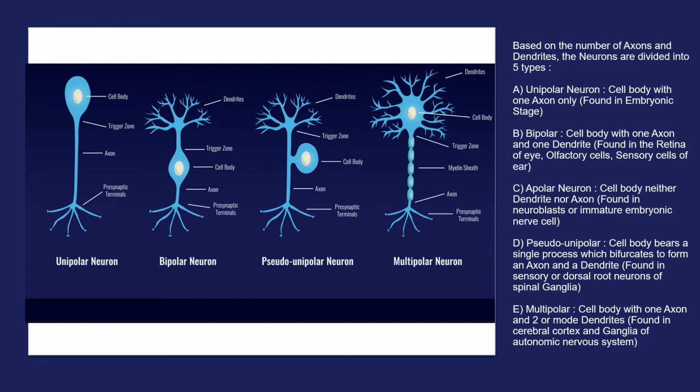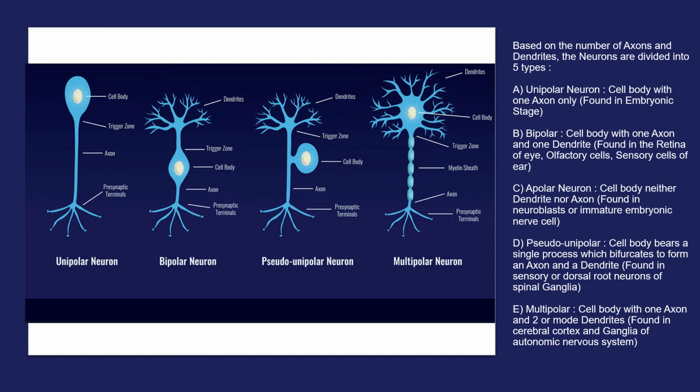Third one is apolar neuron, cell body with neither dendrite nor axon, mainly found in the neuroblast or immature embryonic nerve cells. Fourth one is pseudo-unipolar neuron. Cell body bears a single process which bifurcates to form an axon and a dendrite.